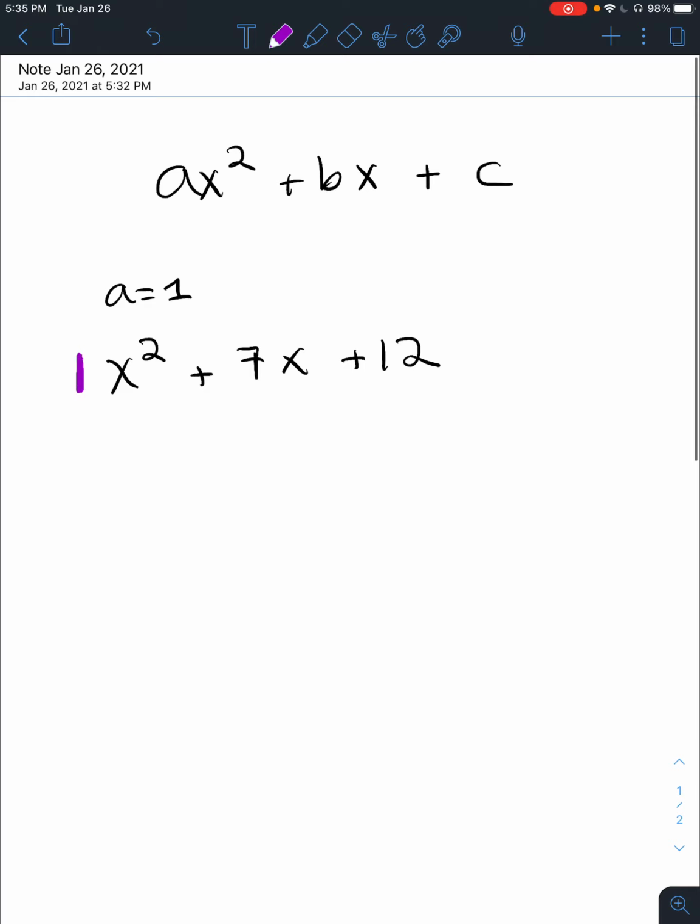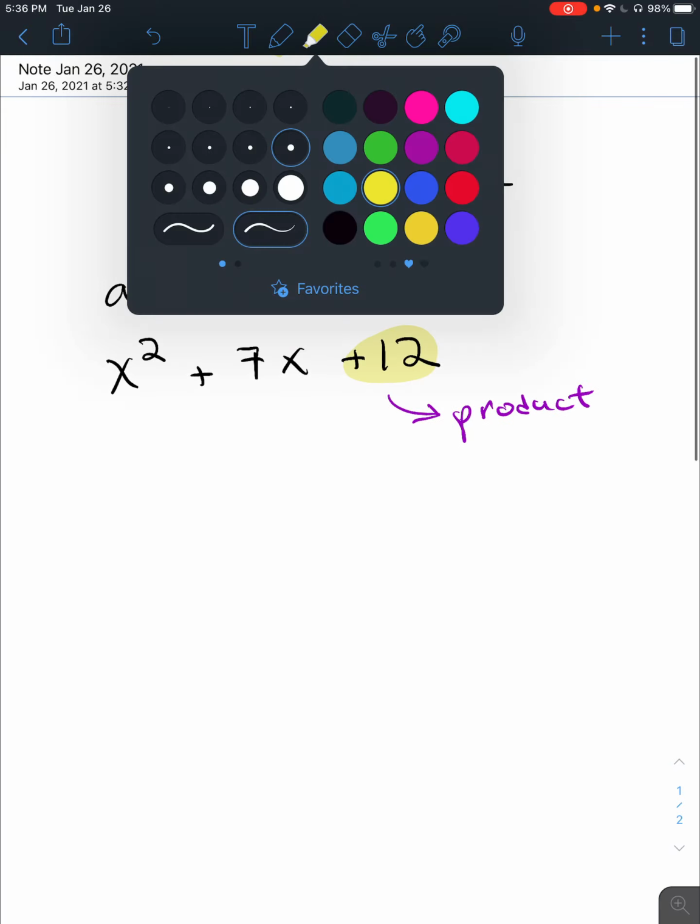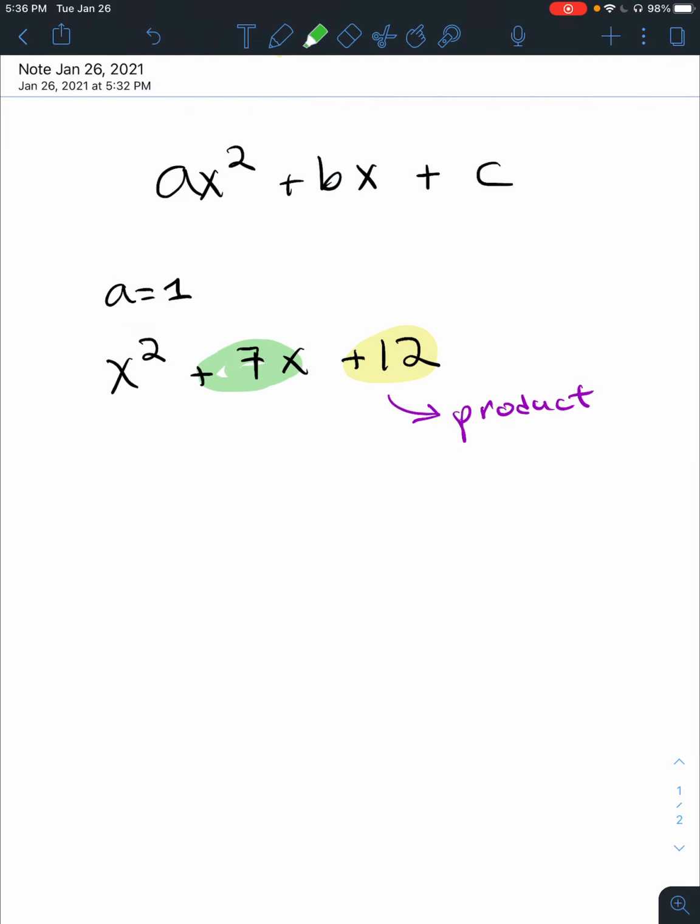Whenever you have a problem like this, you know that this is your product and this number is your sum, and you want to go ahead and write your two parentheses. You know that x times x gives you x squared, and you want to think of two numbers that multiply to 12 and add to 7, and that is going to be 4 and 3.